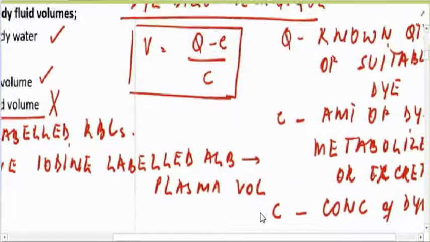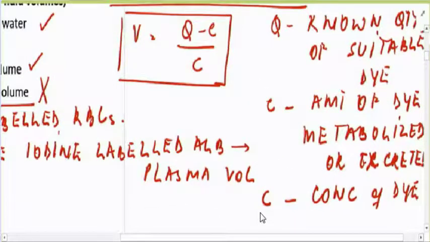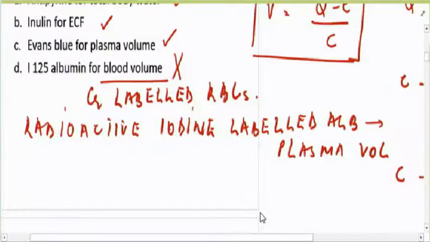So this is the formula. V is equal to Q minus E over C. V is the volume to be determined. Q is the known quantity of a suitable dye which is used. E is the amount of dye metabolized or excreted, and C is the concentration of dye obtained in a sample after mixing has taken place.